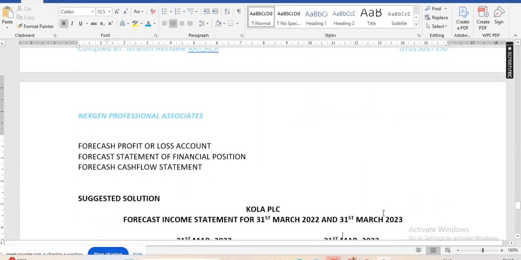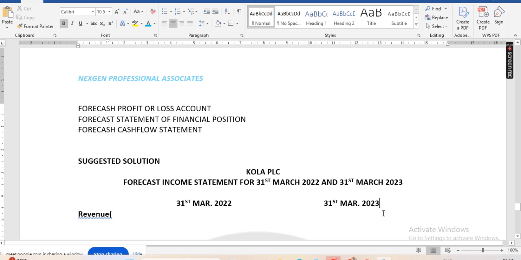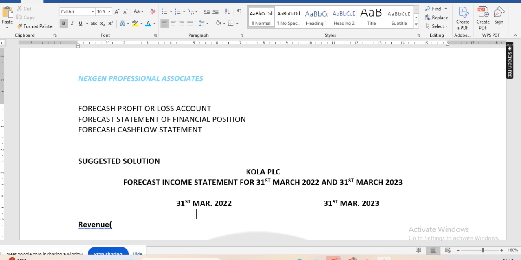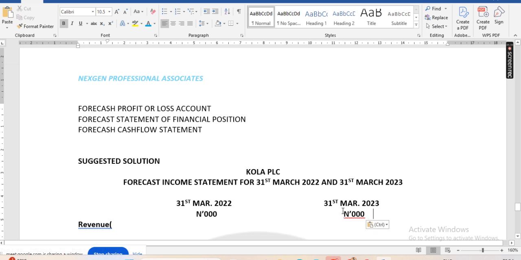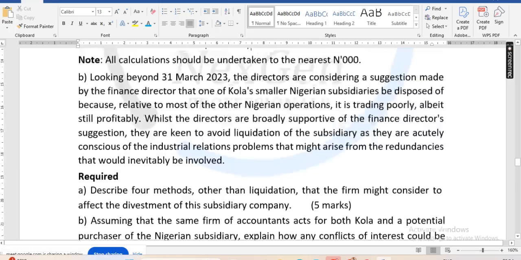Okay, 8%. That is 1.08 times. So what is the value for revenue from the financials?